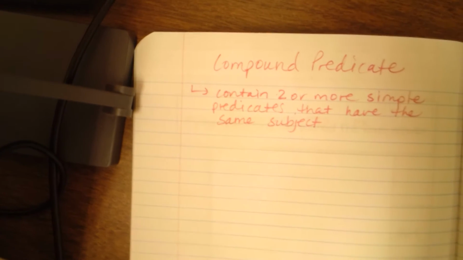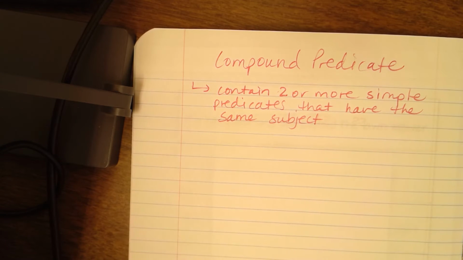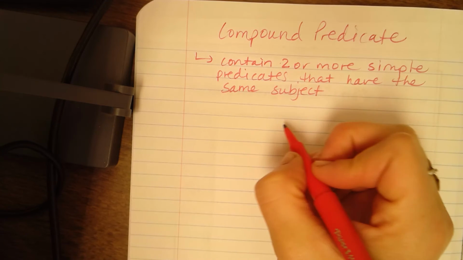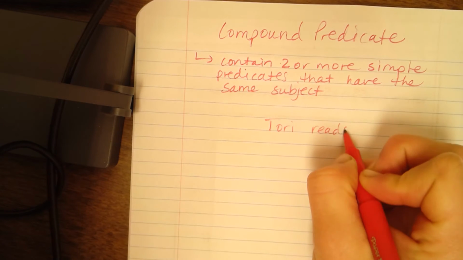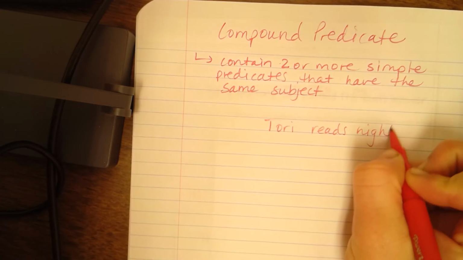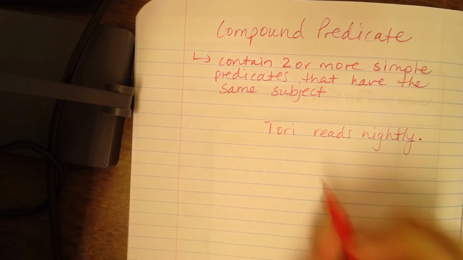Okay, so we're going to use the example again. Tori reads nightly. So that's our base. We have our simple subject and our simple predicate up above there.